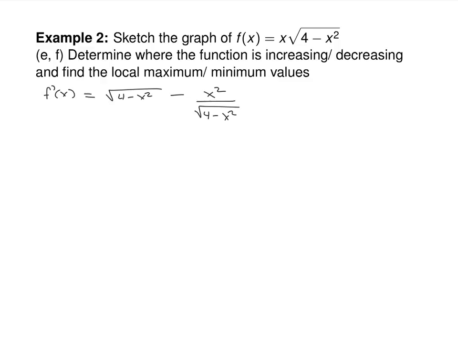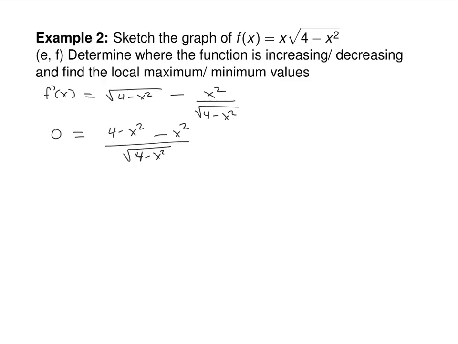So let's set that to 0, but I vote for getting a common denominator. Does that make sense? That's going to be kind of helpful. What's that going to make the first fraction into? And then minus another x squared all over root 4 minus x squared.